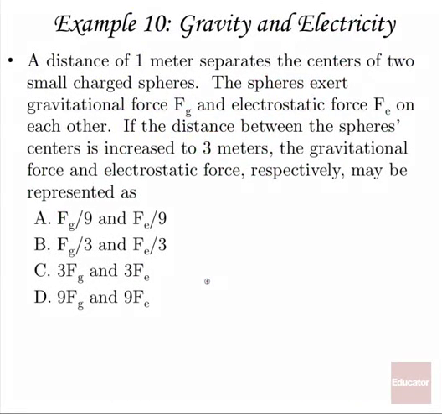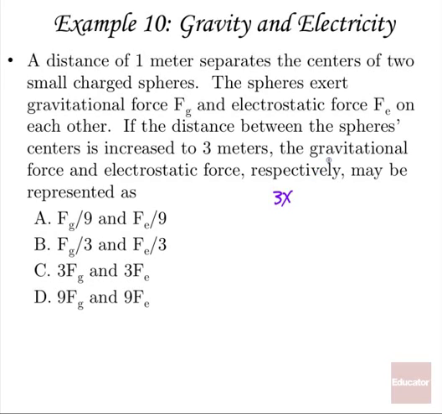All right, let's take a look at an example where we look at gravity and electricity. A distance of 1 meter separates the centers of two small charged spheres. The spheres exert gravitational force Fg and electrostatic force Fe on each other. If the distance between the sphere's centers is increased to 3 meters, so we're tripling the distance, the gravitational force and electrostatic force, respectively, may be represented as... This is an inverse square law problem again.